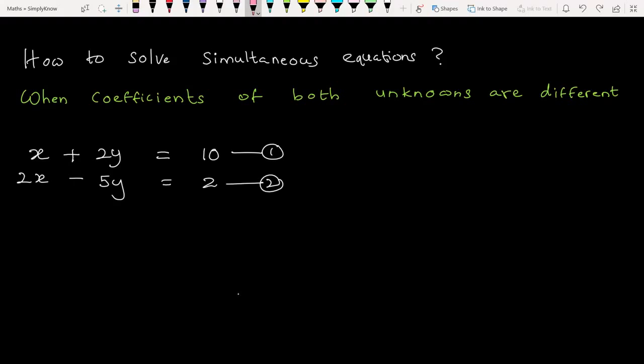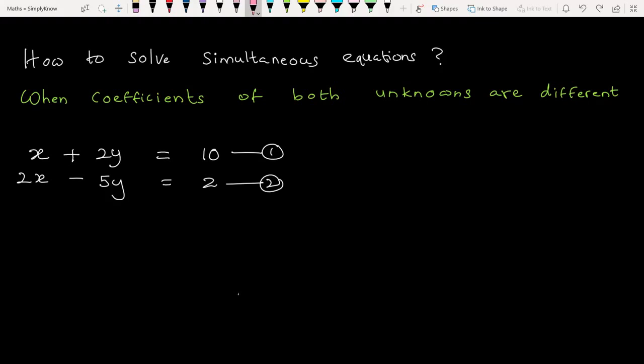Hope you remember, for us to eliminate one unknown, we normally select the unknown that has the same coefficient in both equations. So do we have an unknown that has the same coefficient in both equations? No, right?